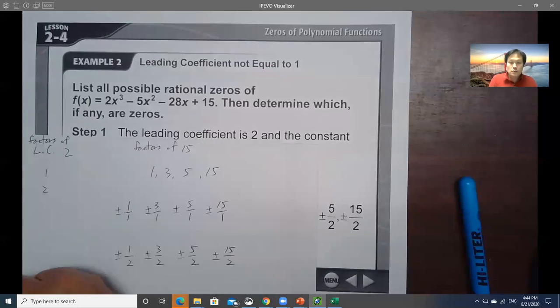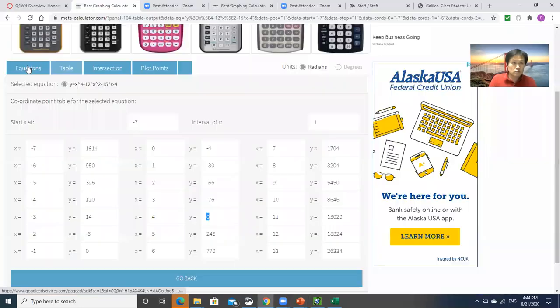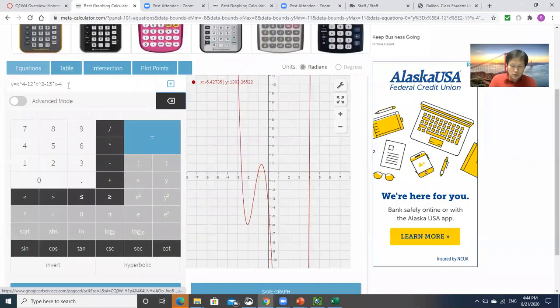So let's go to the equation 2x to the third power minus 5x squared minus 28x plus 15.